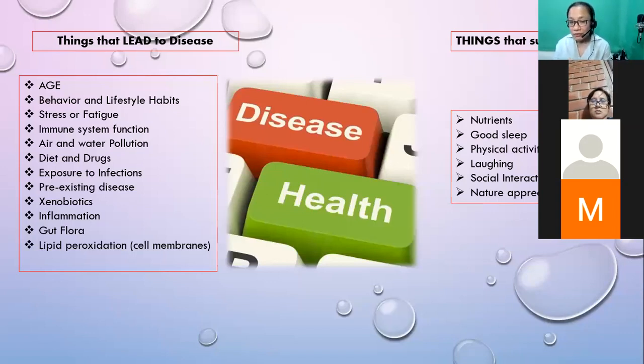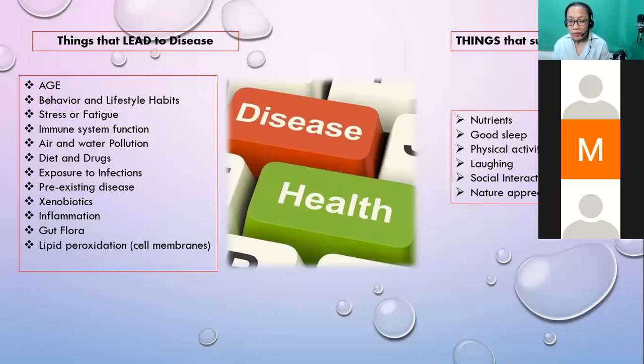So again, diet, the food that you're eating; drugs, the medications that you're taking. You have to be very careful also because it targets the symptoms of your condition, but most of the time it has side effects. It will affect other systems of your body.